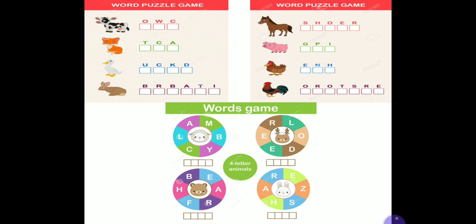Yes, you can see lamp. L-M-L-A-M-B. How many letters are there? Yes, you are right. There are 4 letters. Okay, now you can write these words into your dictionary copybook.